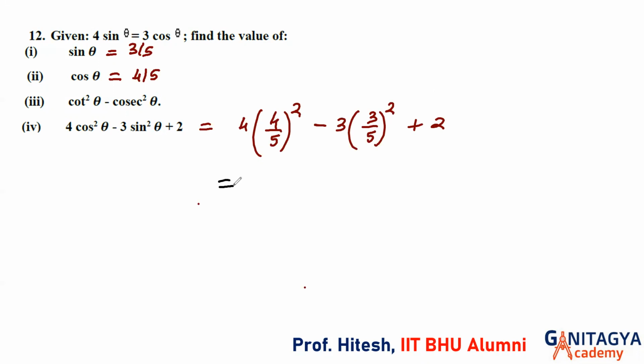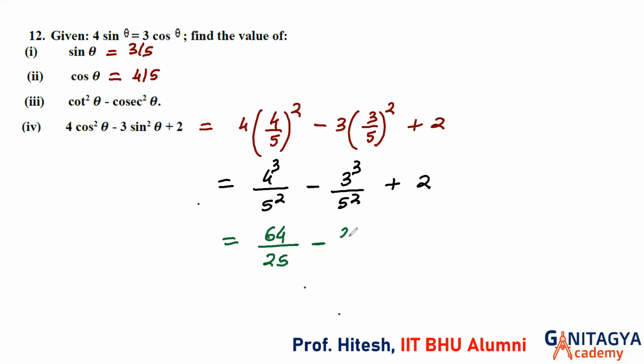So it will be 4 square, 4 cube. We can say 4 cube upon 5 square minus 3 cube upon 5 square plus 2. So 4 cube means 64 upon 25 minus 27 upon 25 plus 2. Take 25 as the LCM common.